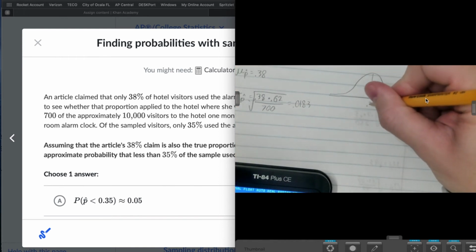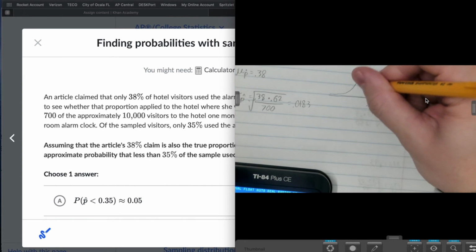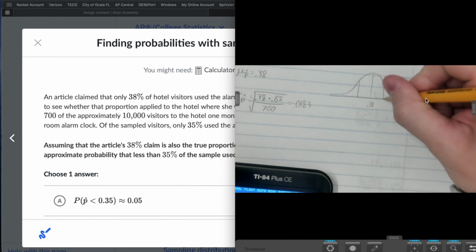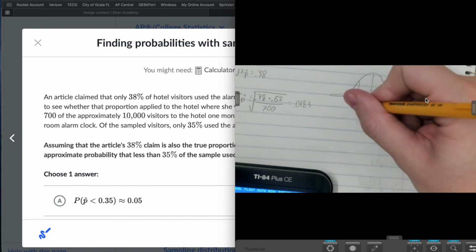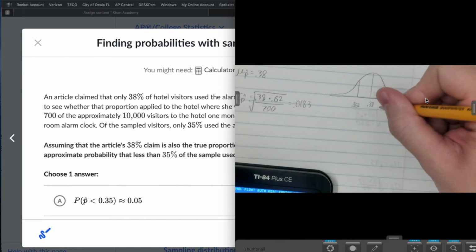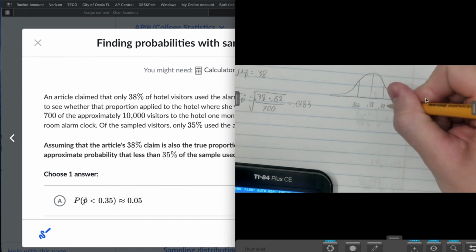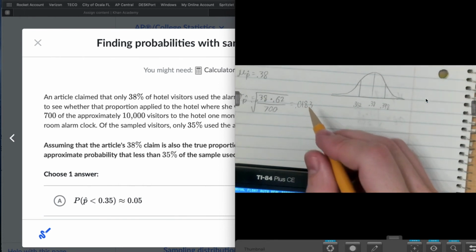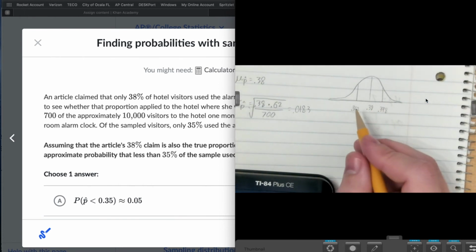Now it's centered around 0.38, or z-score of 0. And this would be minus 1 standard deviation, so 1 standard deviation away is going to be about 0.362 something, and this one's going to be 0.398 something. You can see where I'm getting those values, just adding and subtracting 1, just giving you an idea of what the shape of this looks like.